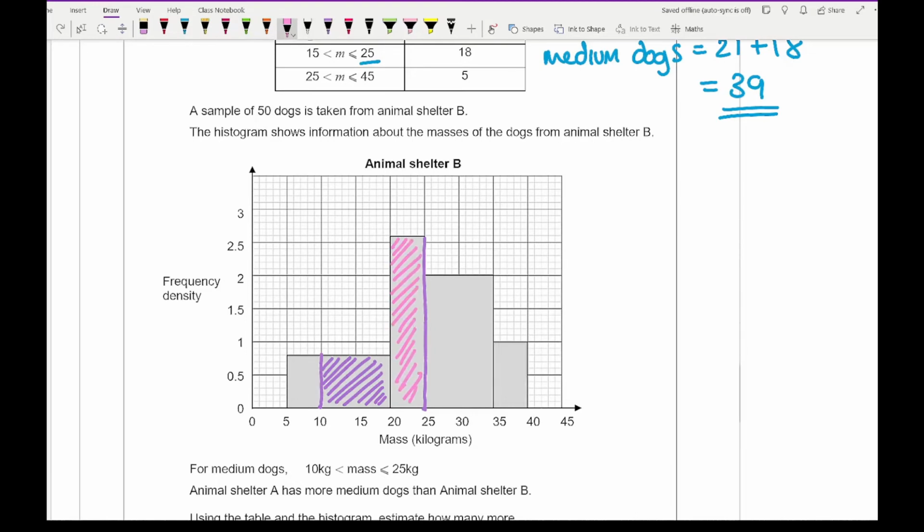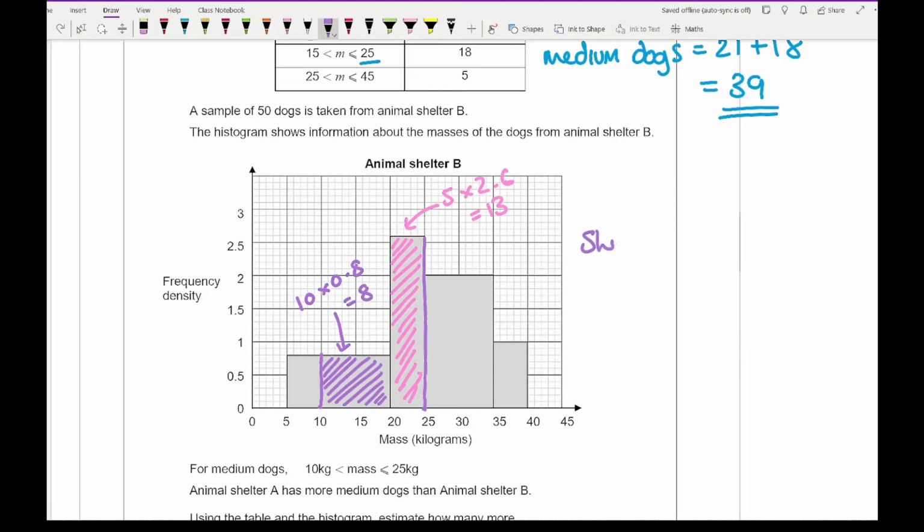So working out the area of this bar here, that's going to be 5 multiplied by 2.6. So 5 times 2.6 gives me an answer of 13. Then if I do the same for the purple, that's got a class width of 10, multiplied by a height of 0.8, and that gives me an answer of 8.